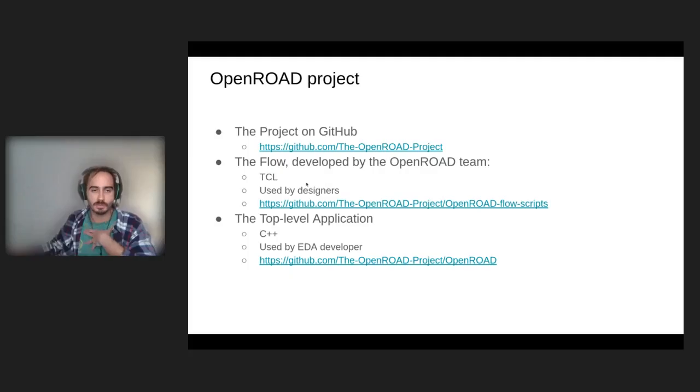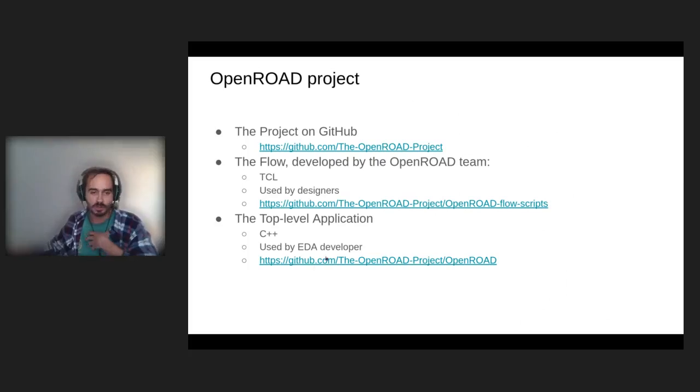It mostly uses Tcl language, and it's mostly used by designers. So this is the link to the repository here in the middle. And we also have the top level application of the OpenROAD. It's like the tool itself, which is mostly implemented in C++.